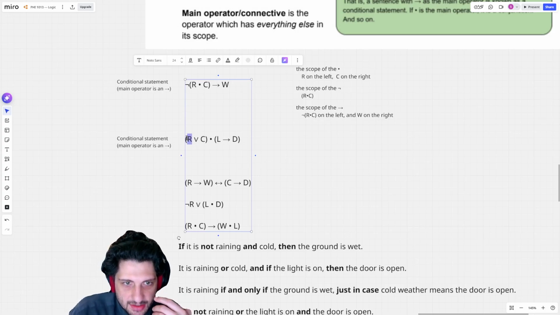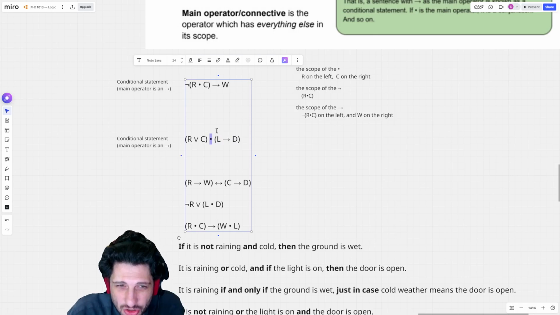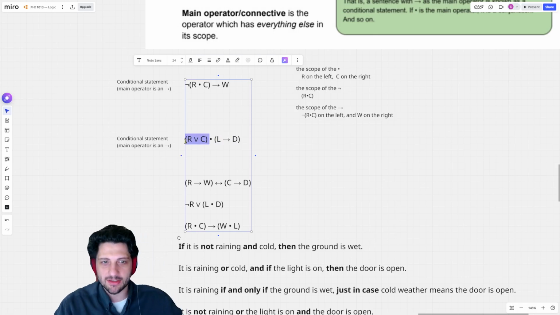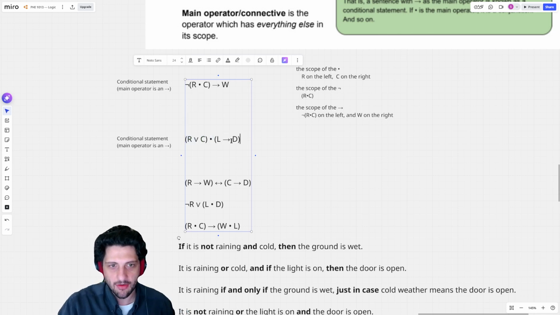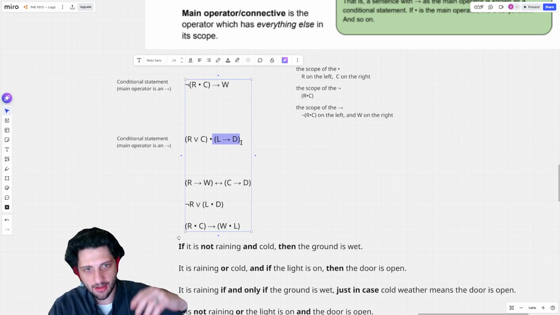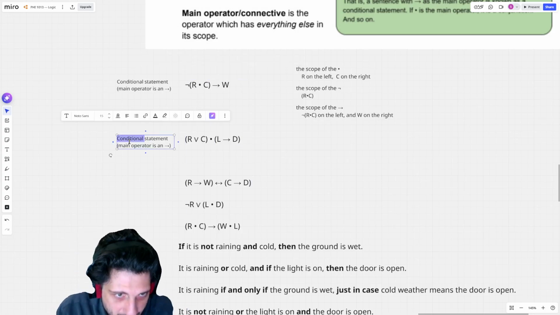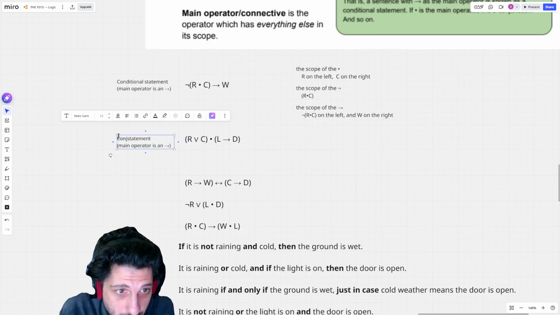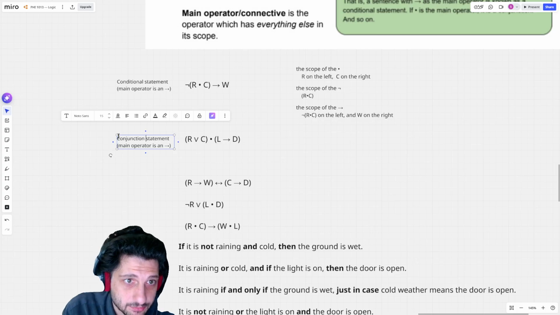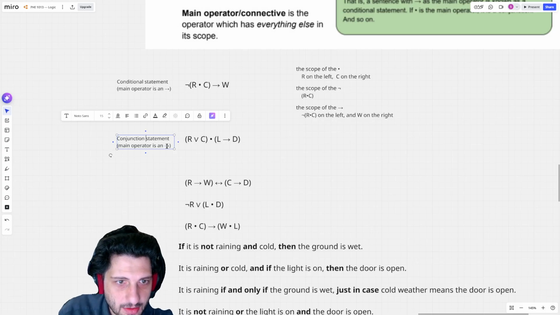Or only sees the R and it sees the C. The conditional only sees the L and it sees the D. It's the conjunction that's taping everything else together. On the left side, it sees the R or C. On the right side, it sees the L, then D. So we call this statement a conjunction. Main operator is an and.